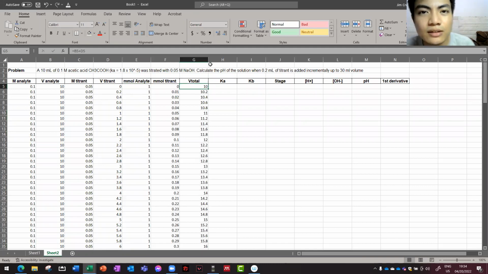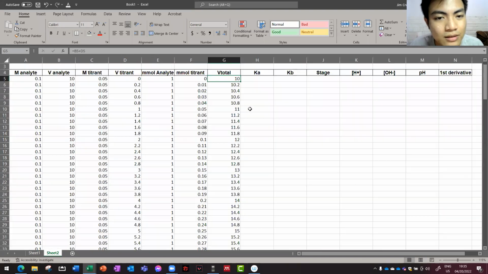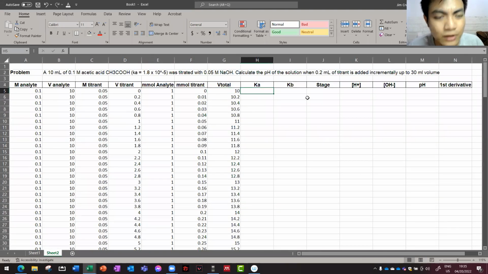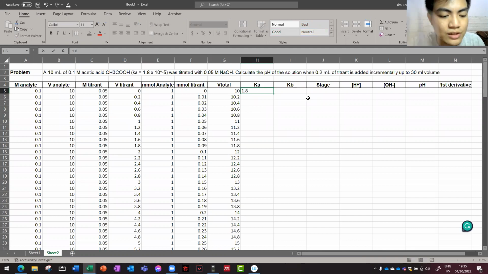And now for the Ka and the Kb. For the Ka, it's 1.8 times 10 raised to negative 5. So how will you type it in Excel? This is how you're going to do it. You press 1.8, and instead of writing times 10 raised to negative 5, you just press E minus 5.